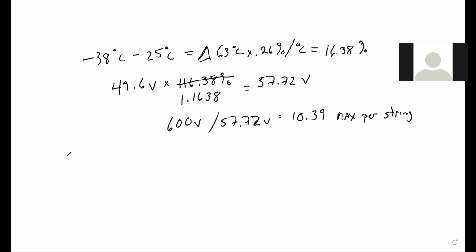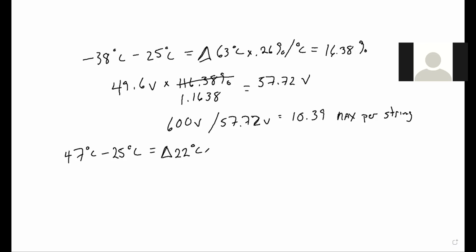So how do we calculate the minimum number in a string? In this case, we've determined that 47 degrees Celsius was the maximum temperature ever at that site. 25 degrees Celsius is standard test conditions, so the delta between those two is 22 degrees Celsius. But for the minimum, we also have to add in, because the cells are going to be hotter than ambient air temperature.